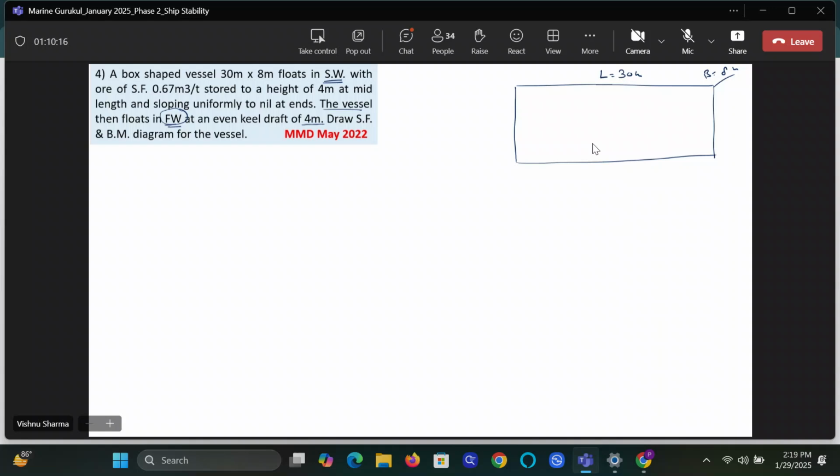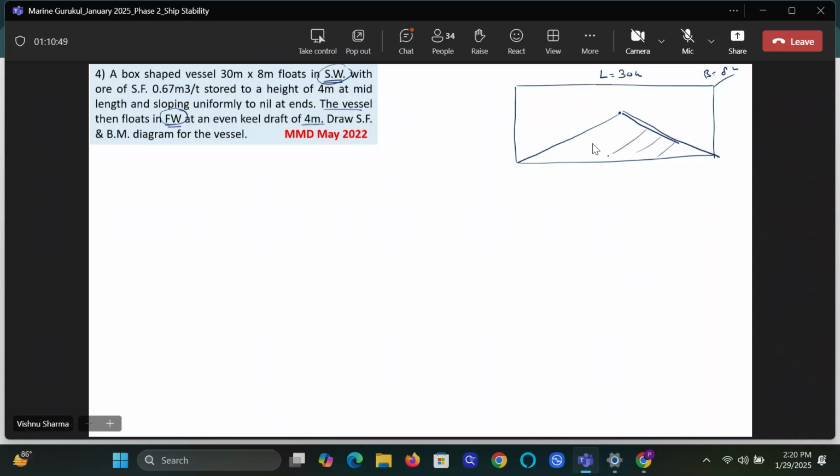Since I'll be using the draft, and the draft is very explicitly given in fresh water, why this seawater was given here, I don't know. And I don't want to unnecessarily change the question, because if somebody repeats the question, then you'll again get confused. So let it be as it was in the MMD exam. It is stored to a height of 4 meters at mid length and sloping to 0 at the ends.